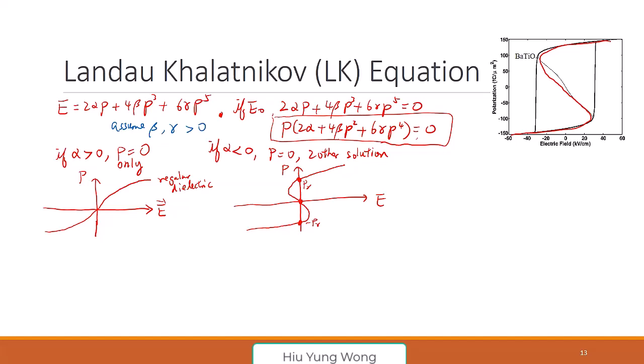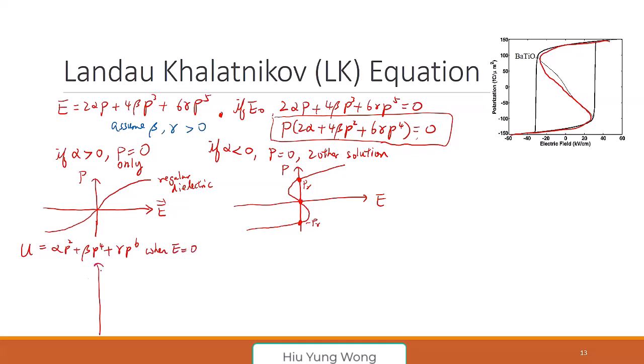Is that okay? If we try to look at the energy, let's look at it again. The energy is given by alpha p squared plus beta p4 plus gamma p6 when E equals to 0. We just look at E equal to 0.